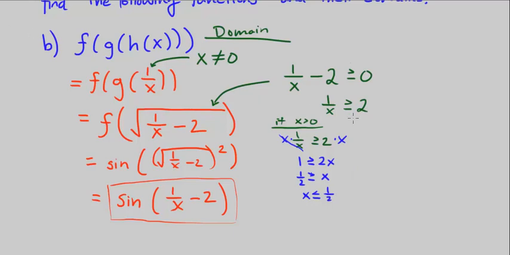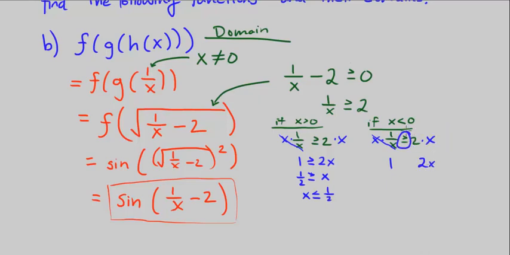So going back to the other case, if x is negative, so if x is less than 0, right, we start with 1 over x is greater than or equal to 2 above, but now we're assuming x is less than 0. Well, again, we want to multiply both sides by x. They cancel out here, we're left with 1, so we have 2x here on the right side.